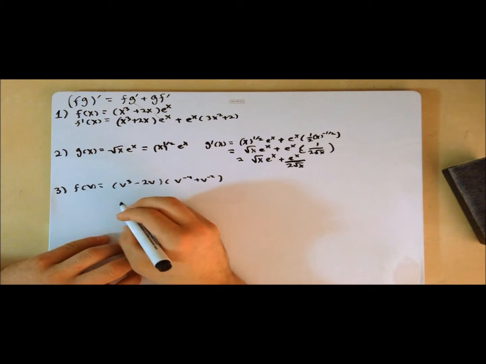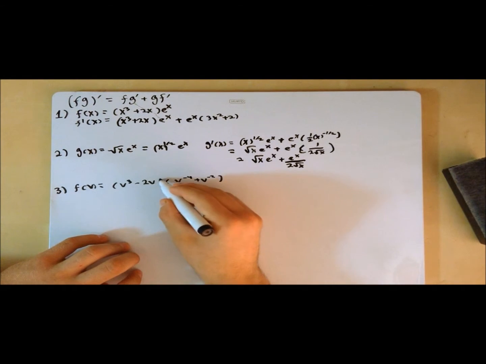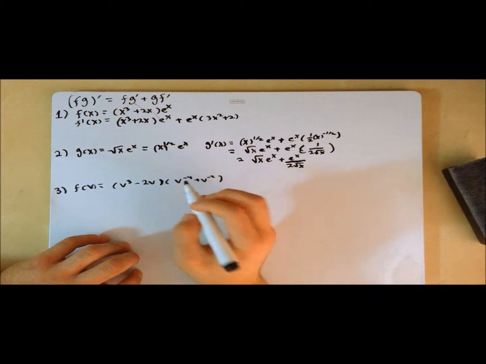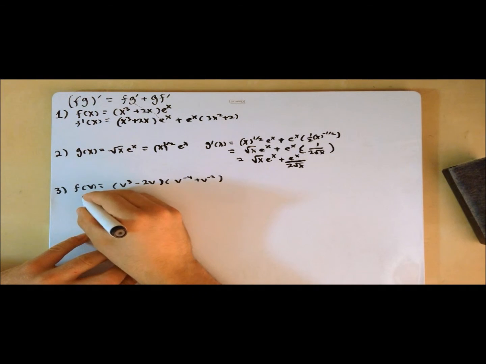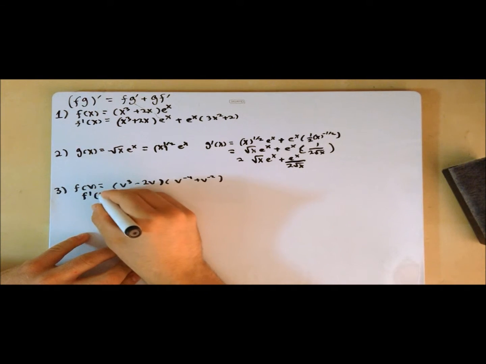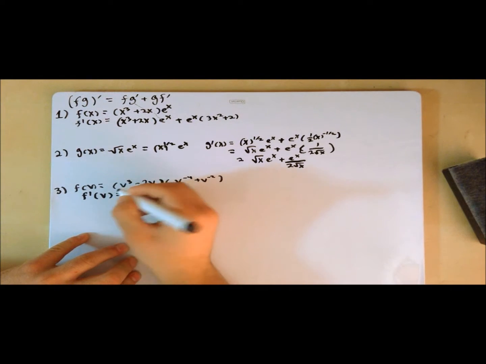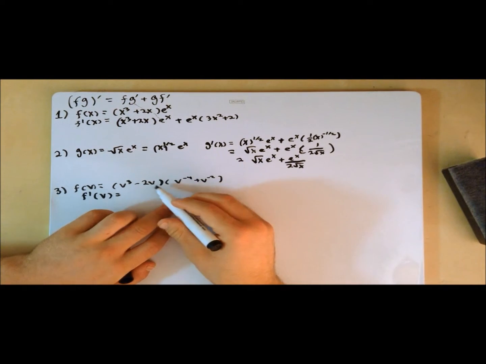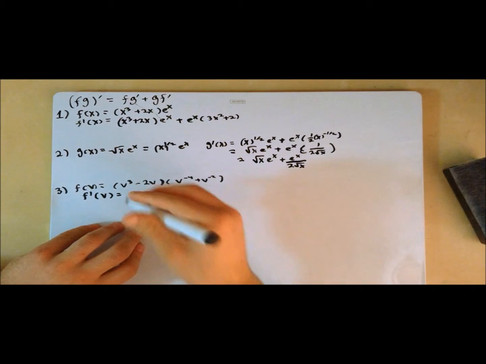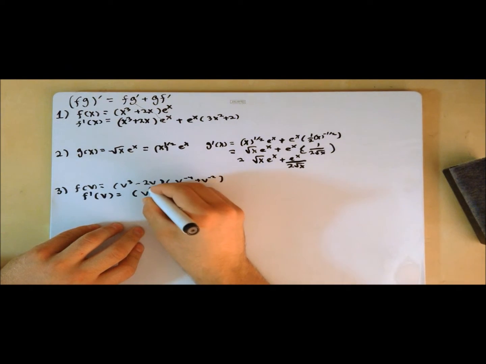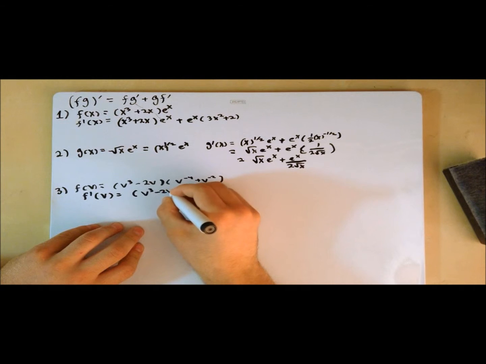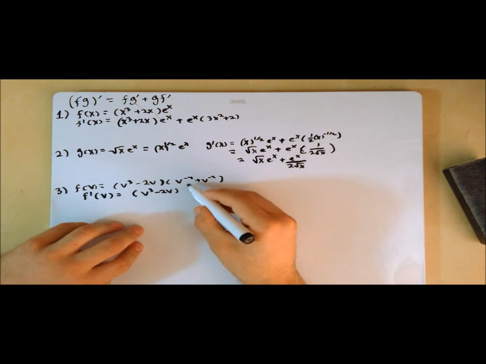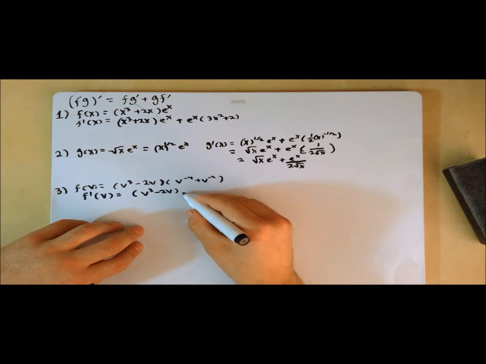Now for the third example, we see that we have two things being multiplied by each other. So we'll take the derivative of f of v. And again, we'll simply leave the first bracket as it is, v cubed minus 2v, and multiply that by the derivative of the second.